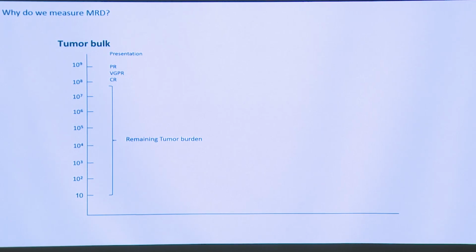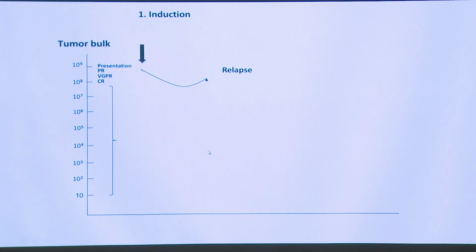So showing the same picture just in another graph, really getting to complete response could mean you still had a lot of tumor burden left. And obviously that was reflected in treatments. Getting somebody into remission could mean that they also relapse pretty quickly if a lot of tumor burden was left.